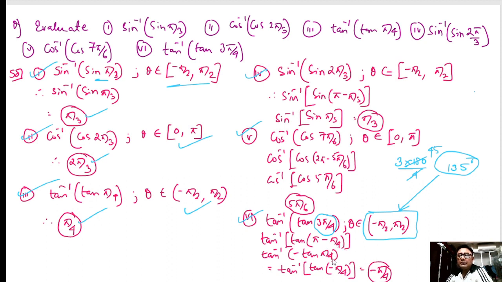Tan of pi minus pi by 4 is coming minus tan pi by 4. Please keep this in mind. So the minus goes inside, tan inverse and tan will cancel, and the answer is minus pi by 4, which lies between minus pi by 2 and pi by 2, so this is the correct one.